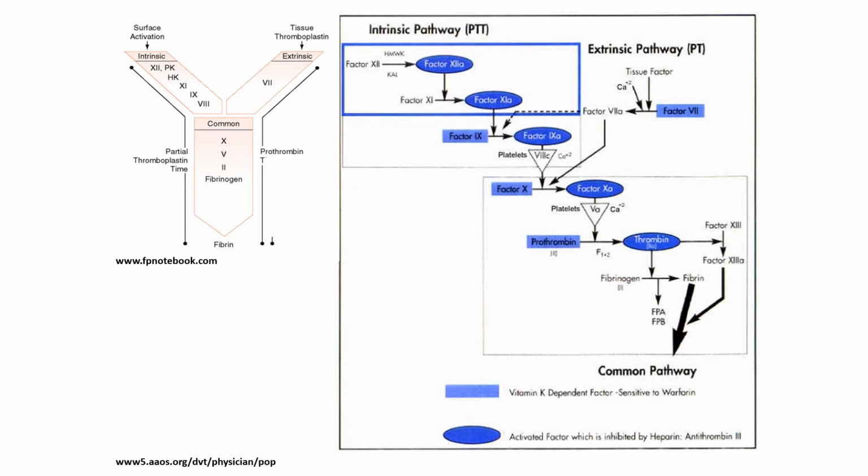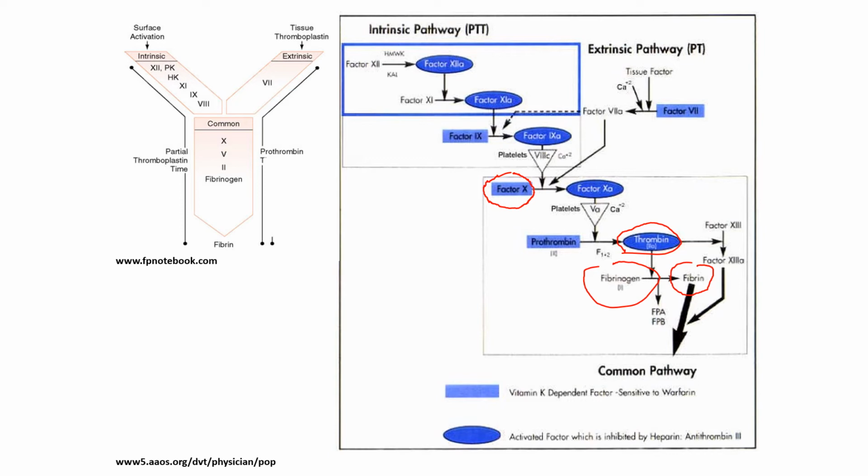To remind you, the coagulation pathways meet at the common pathway at factor 10. Once you activate factor 10, this will activate factor 2, prothrombin or thrombin, which will activate fibrinogen, which is factor 1. That will produce fibrin that will form the permanent clot.